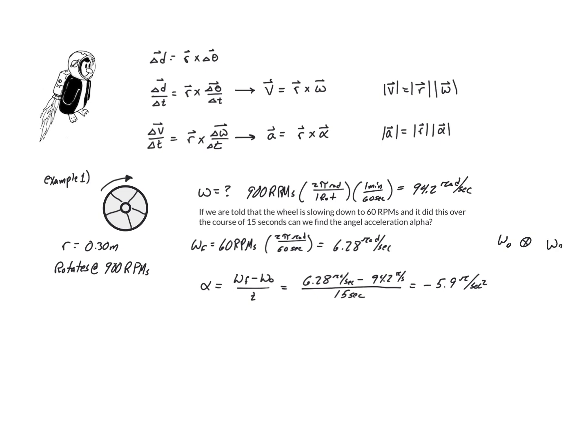Our omega f is also into the page, but it's slowing down. So what is the negative of an into the page vector? Well, it's an out of the page vector. So alpha is actually 5.9 radians per second squared out of the page. I will show more examples in the next video.